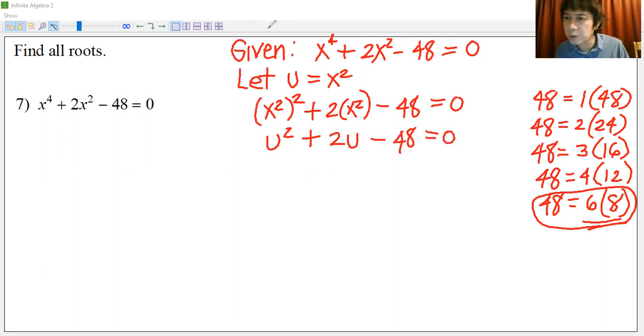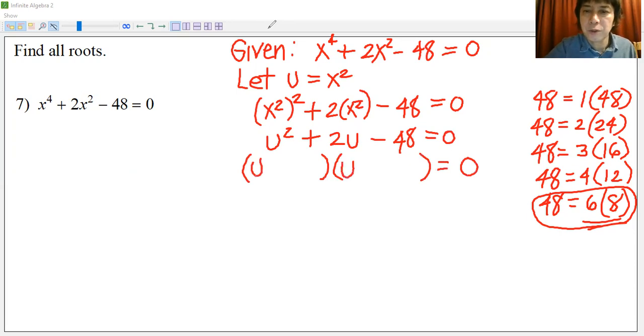We shall now make use of the 6 and the 8. So we will have two grouping symbols, two pairs. This is u and u. This is 8 and 6. That's a positive middle term 2u. We shall make the 8 the positive and the 6 the negative. And these are the factors.